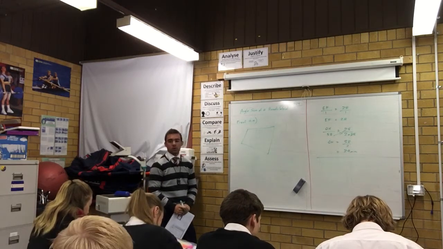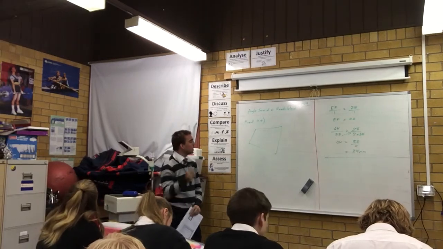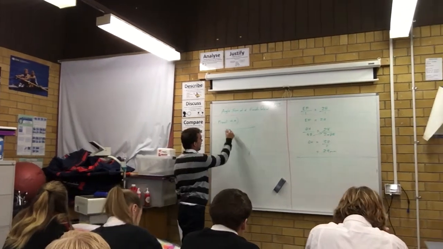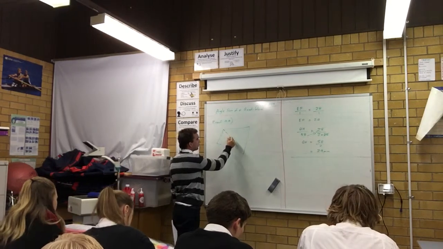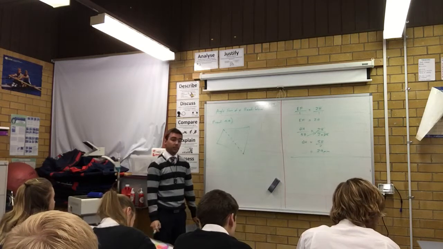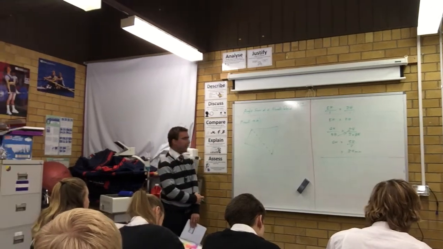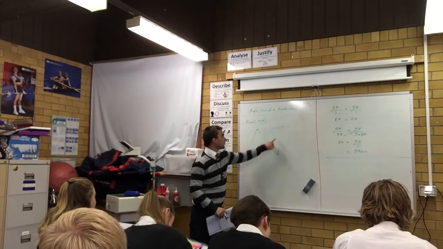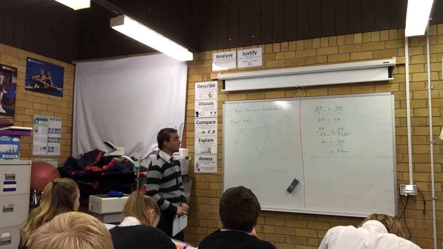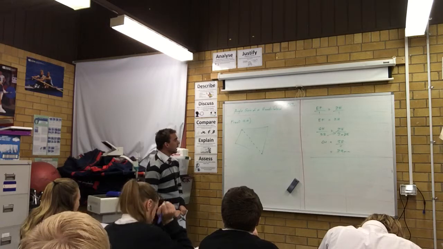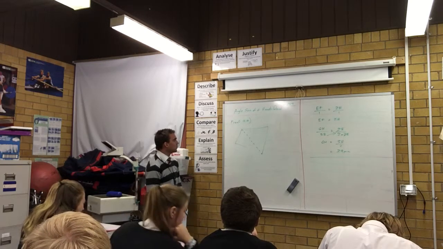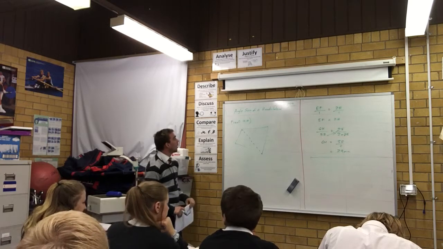Having gone through the proof, the angle sum of a triangle is 180 degrees. So if you draw any quadrilateral and put in one of the diagonals, that quadrilateral is made up of two triangles. If the angle sum of the triangle is 180, and we also have the angle sum of the second triangle as 180, we add those two together because that quad is made up of two triangles. We have the angle sum of 360.